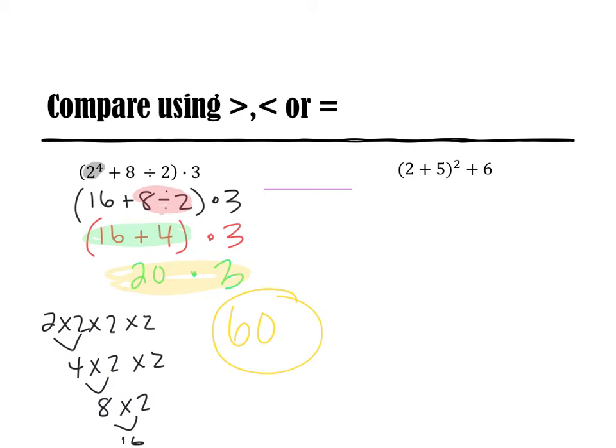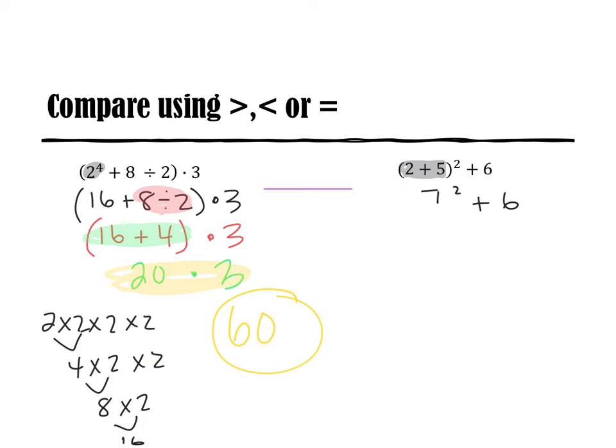Now let's take a look at the other side. Got to do the same thing. We have to solve it. So here we are actually still working inside of our parentheses first, right? Parentheses comes before exponents. So we're going to do 2 plus 5, which is going to give us 7. And we've got 7 squared plus 6 left. So really we don't need those parentheses, but that exponent is super important.